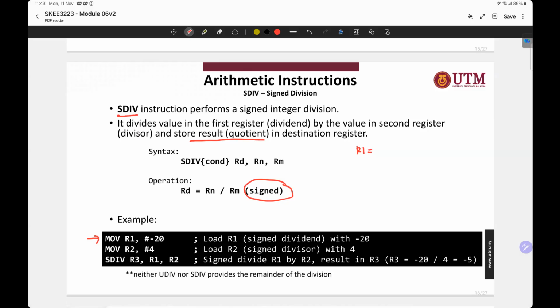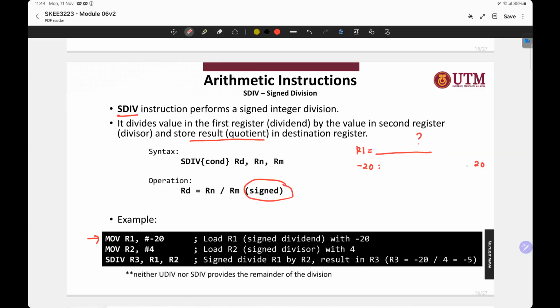Because this is a negative 20, to find out what your R1 value is, the first step is you need to find what the positive 20 is in binary.